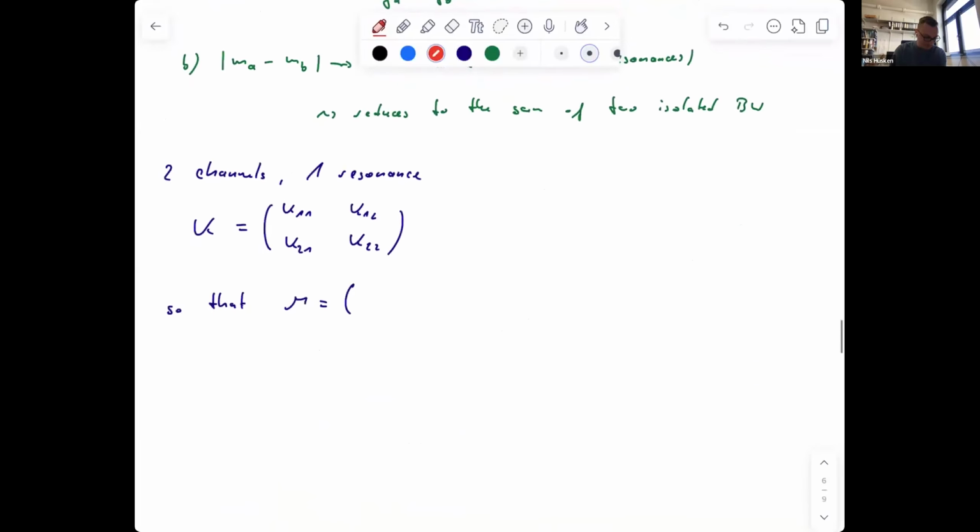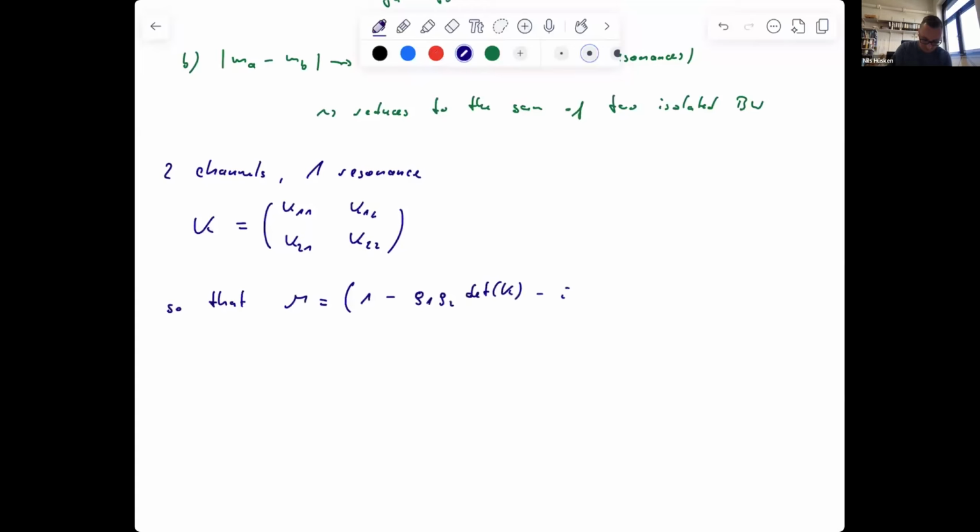This will give us a determinant, and so that's where this following number is coming from. We get 1 minus rho 1, rho 2 times the determinant of K, minus I rho 1 times the first top corner element of the K matrix plus rho 2 times the bottom right-hand corner of the K matrix, and the inverse of this.